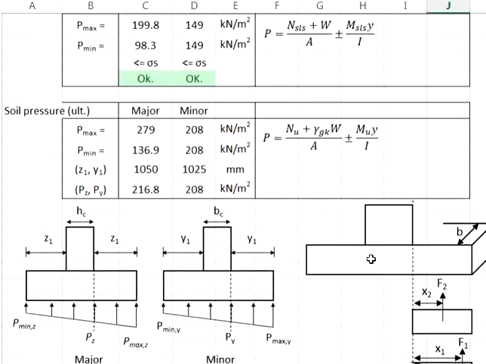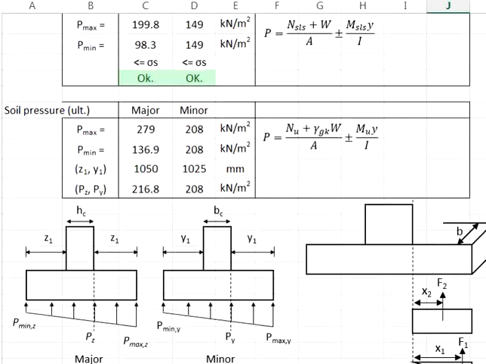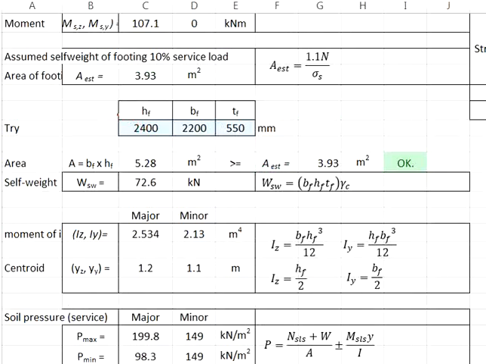Since we are talking about the ultimate limit state, we will need to multiply the self-weight with the factor for the permanent actions, 1.35. The whole thing is divided by the area, which represents the contact surface area of the base of the pad footing. Multiply the HF with the BF.